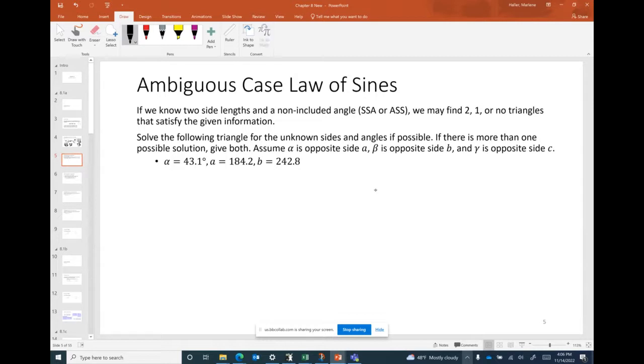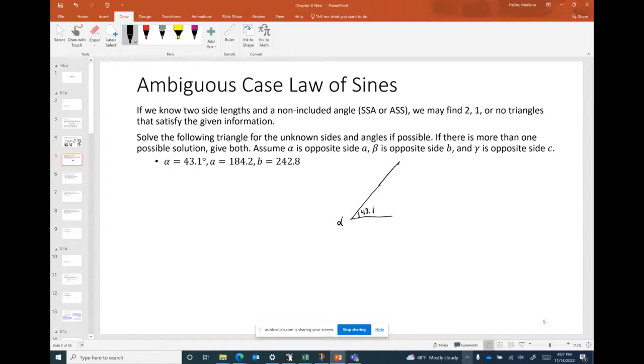Alpha, about 43.1 degrees. So I'm going to try to do it a little bit to scale. All right, so this is going to be my alpha. It's going to be my 43.1 degrees. Okay, A across from it is 184. Beta is going to be over here, right? But B is much bigger than beta. So B across from here has to be the largest side.